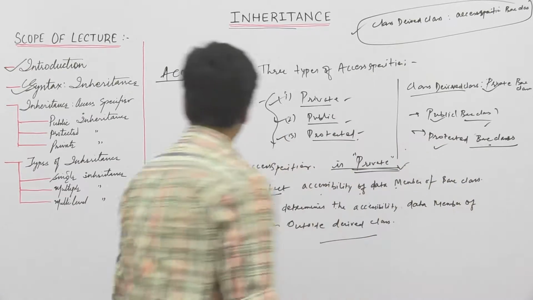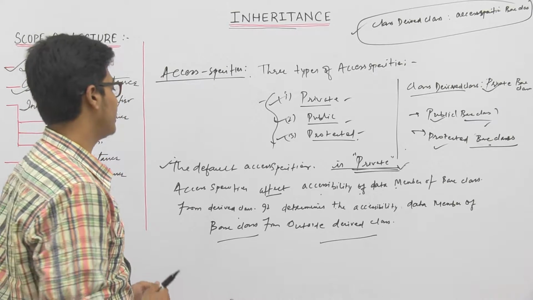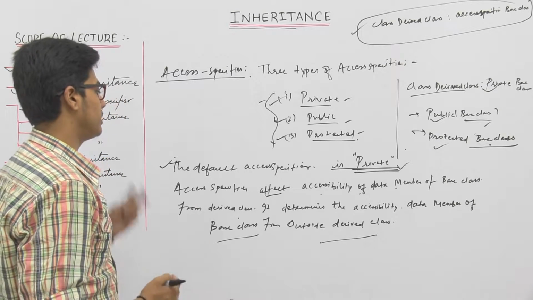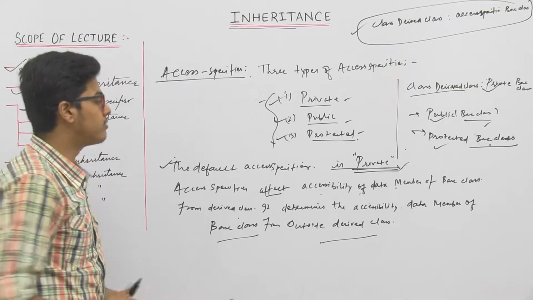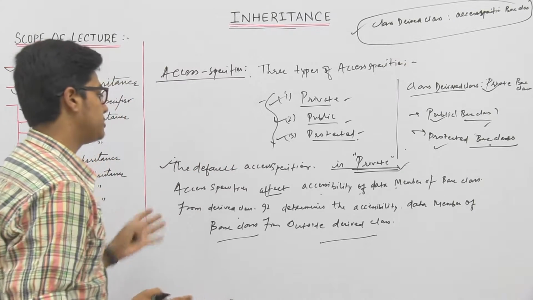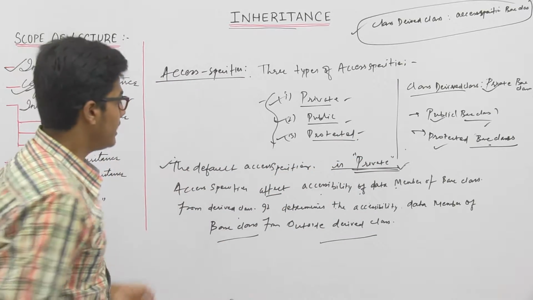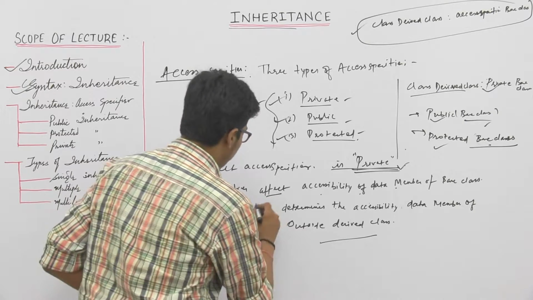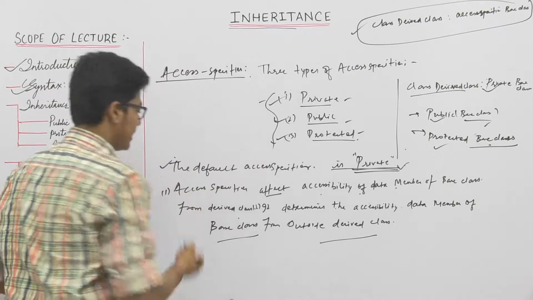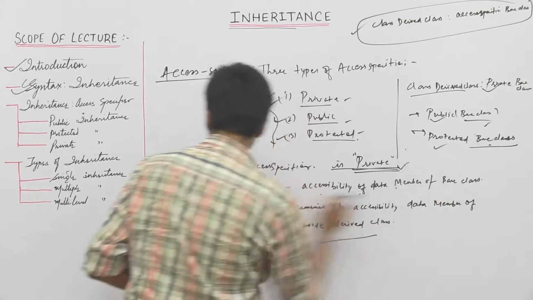So here we learned about three types of access specifier, and that private is the default taken by the compiler. First, the access specifier affects the accessibility of data members of the base class from the derived class.